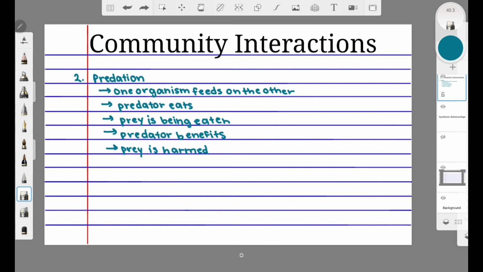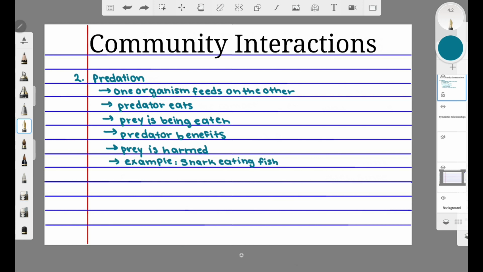And obviously, in predation, one organism, the predator, is benefiting because they get the nutrients they need to survive, while the prey, the other organism involved in this interaction, is being harmed because they are being eaten.